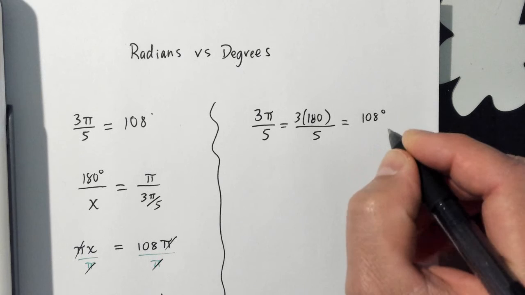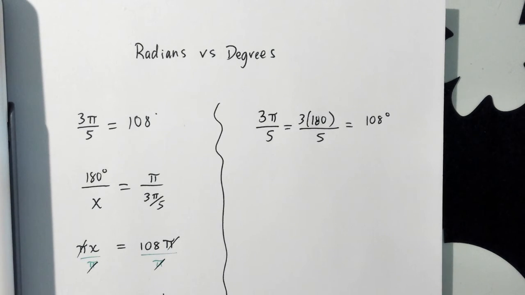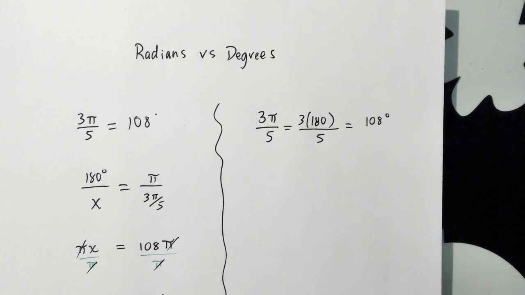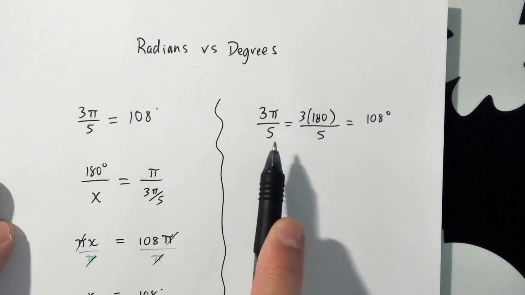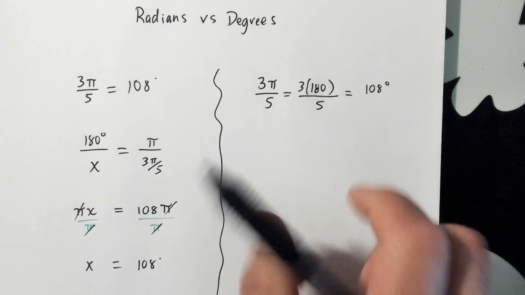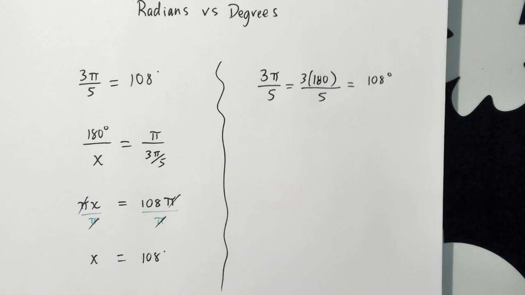Hey, you better put degrees. You better put a label on here. Okay, so that's two ways to convert from radians to degrees. Yeah, I know you like this way better. I know you like lazy. You're so lazy. That's why you like this way.